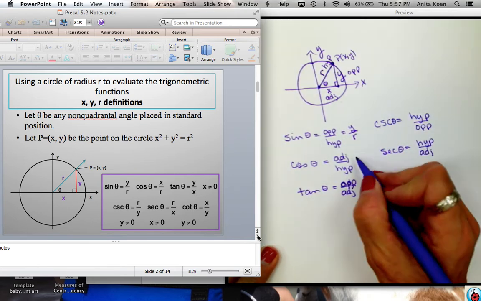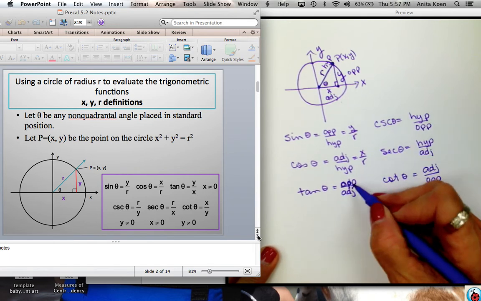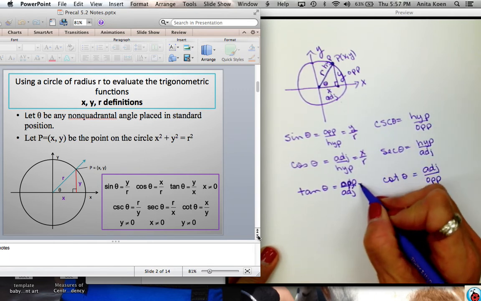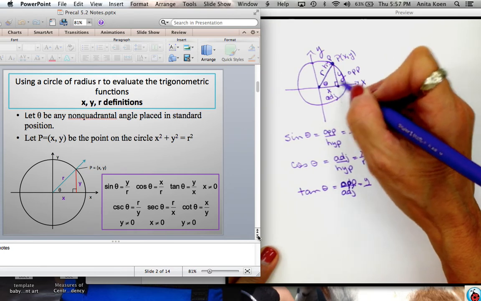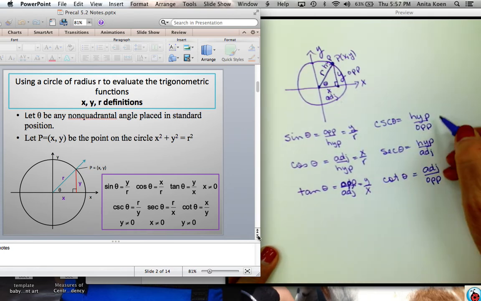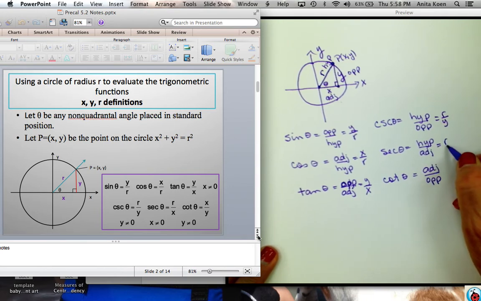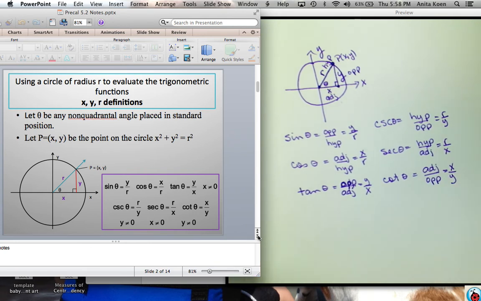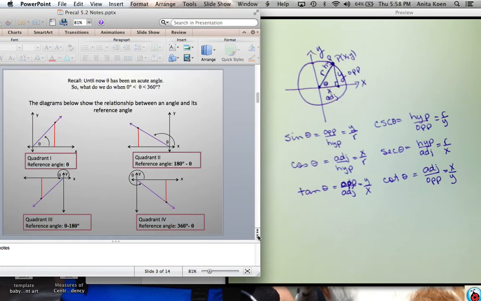Adjacent over hypotenuse is x over r. Opposite over adjacent is y over x. And then we just flip these over because they are the reciprocals. So now we have our x, y, r definitions, and you're going to need to know these because we're going to start to refer to them instead of saying the sine of theta is the opposite over the hypotenuse, we're going to be saying it's y over r.